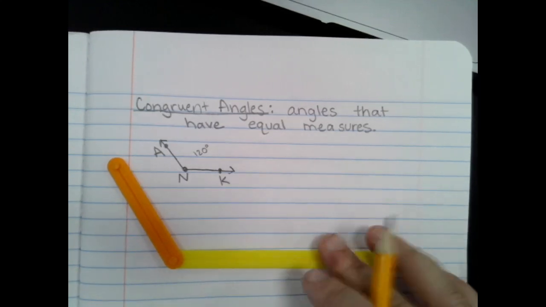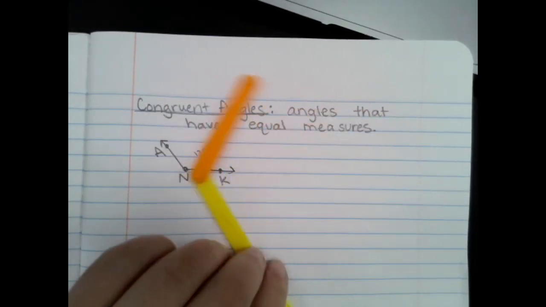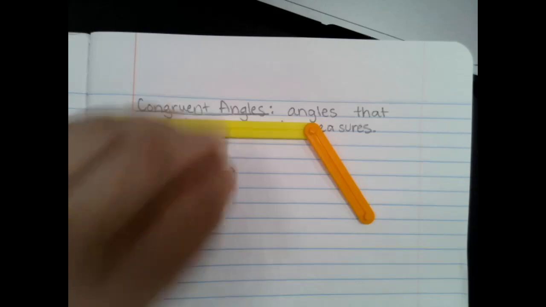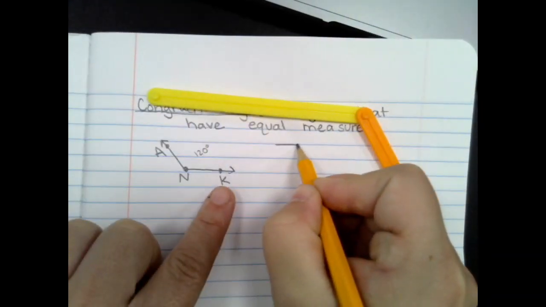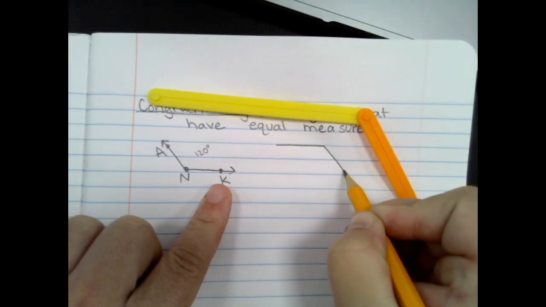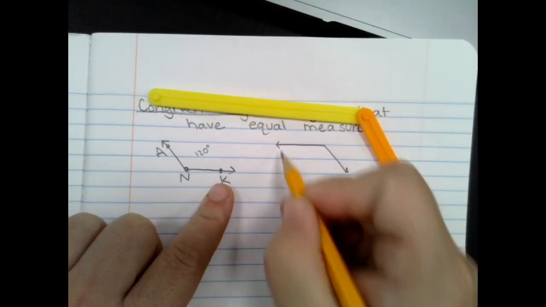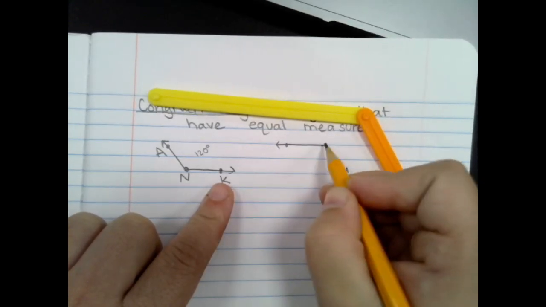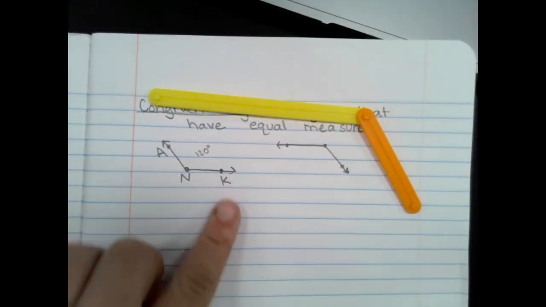All right, now if I flip it over, did I change the measurement? If I just flip it this way? Nope. So let's try and draw it that way. Okay, but this time we're going to name it a different angle.